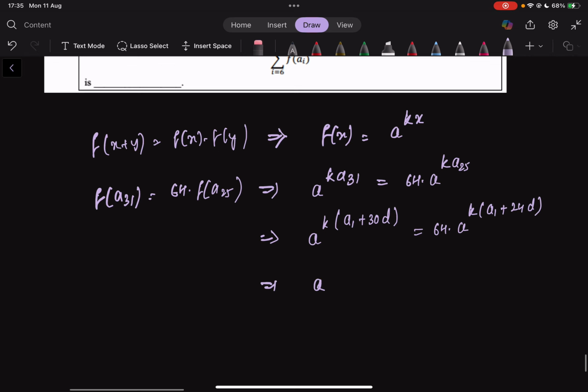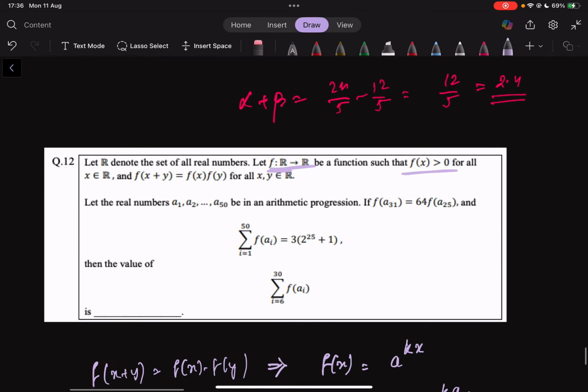So that means a to the power 6kd is equal to 64. That means a to the power 6kd is 2 to the power 6. So that means a to the power kd is 2.